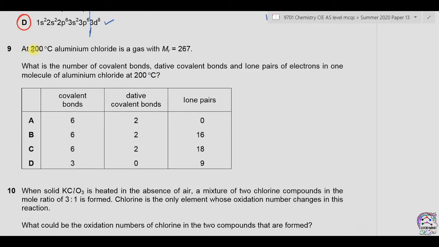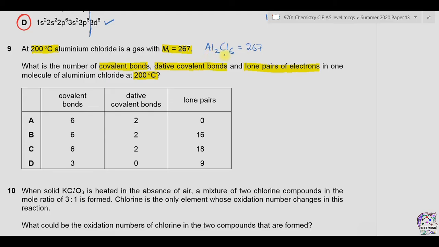Question 9. At 200 degrees centigrade, aluminum chloride is a gas with Mr 267. What is the number of covalent bonds, dative covalent bonds, and lone pairs of electrons in one molecule of aluminum chloride at 200 degrees centigrade? Now, as aluminum chloride exists in the form of a dimer, the formula is Al2Cl6 and the Mr will be equal to 267.